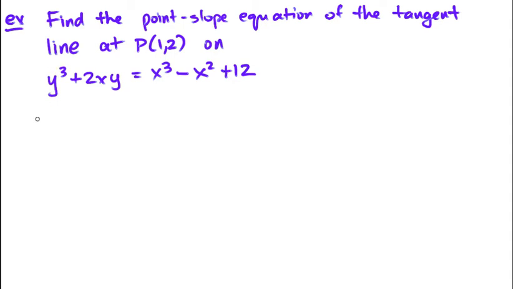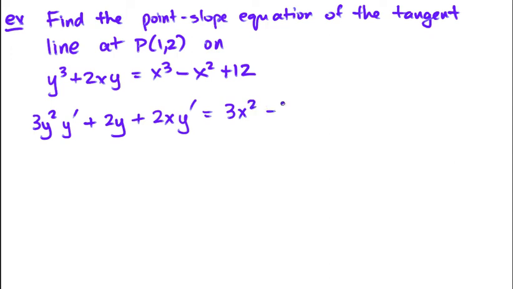So taking the derivative of the first part, I get 3y squared times the derivative of y with respect to x, which is y prime. Product rule, so the derivative of 2x, which is 2, times y, plus the first part, which is 2x, times the derivative of the second part, which is y prime.